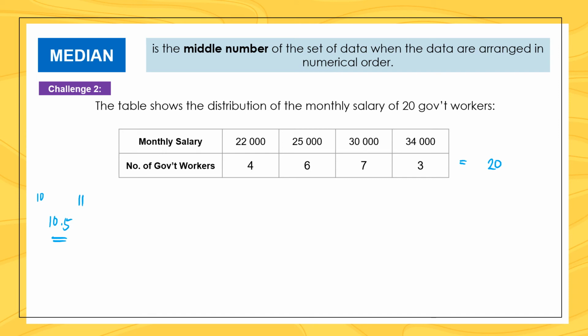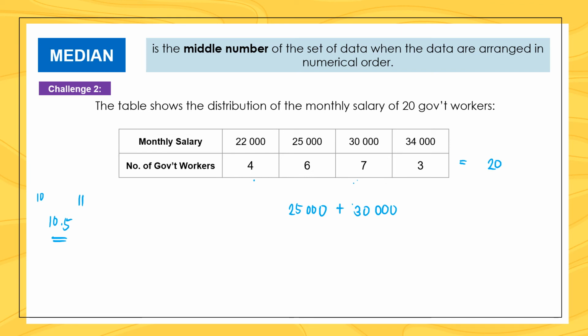So let's do it. 4 plus 6 is equal to 10. And then, of course, after 10 is 11, therefore 11. The worker in the 10th position has a monthly salary of 25,000, while the worker in the 11th position has 30,000. So what do we do next?